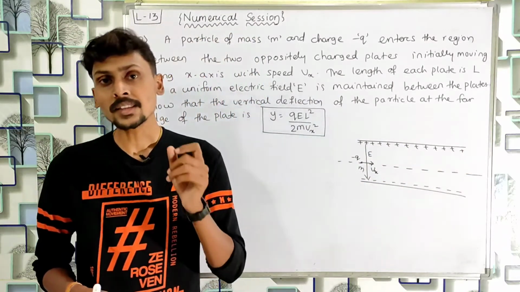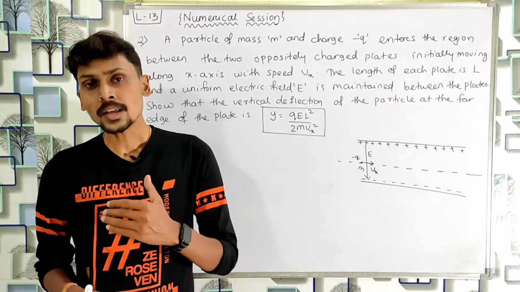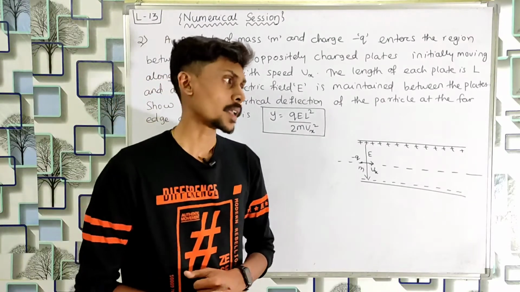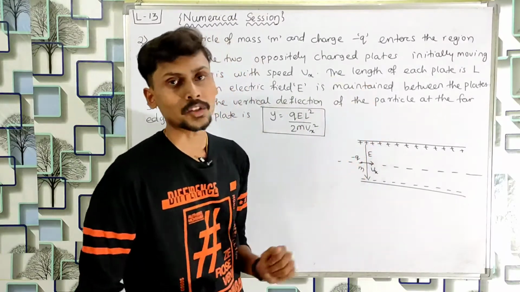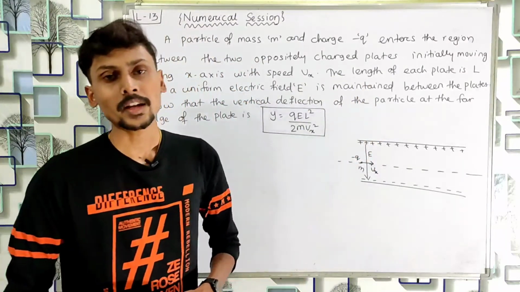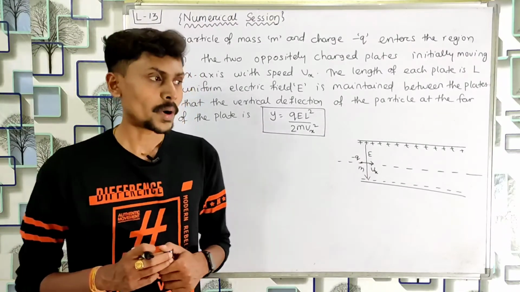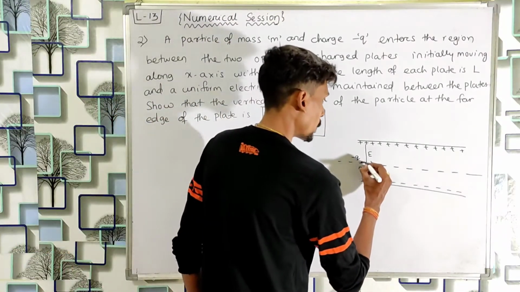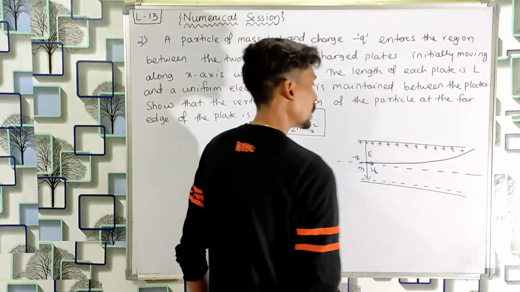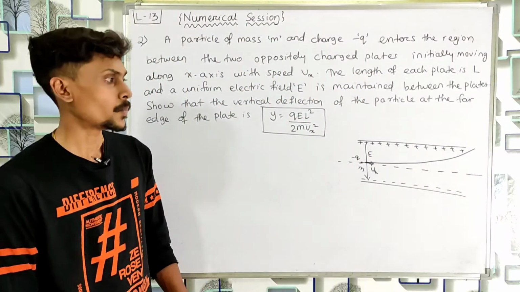But there is an electric force, and hence there is an acceleration on the charged particle along the y direction, in the vertically upward direction. So under the action of these two motions, the particle will describe a path like this.